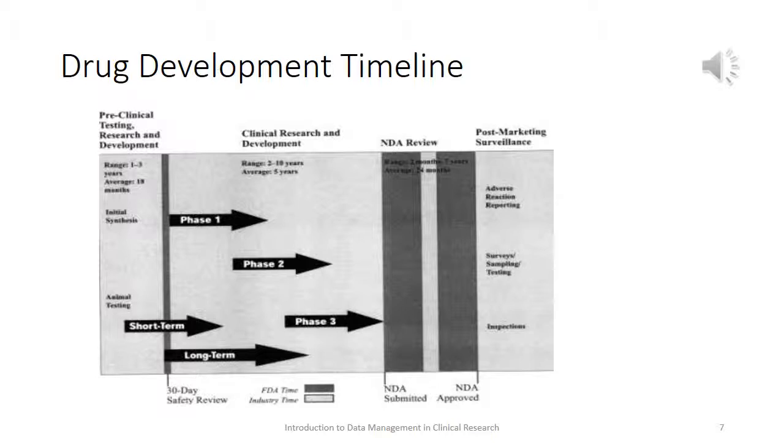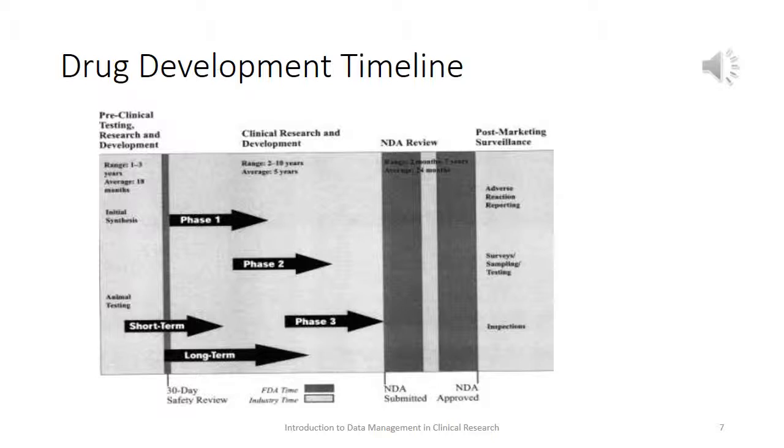And then once we get our drug approved, then we're going to go into what's called post-marketing surveillance. This is often referred to as phase 4 studies. And in phase 4 studies, these are done on drugs that are already approved, already out there in the marketplace, being prescribed by doctors. What we're trying to do is further enhance the safety profile of that drug.